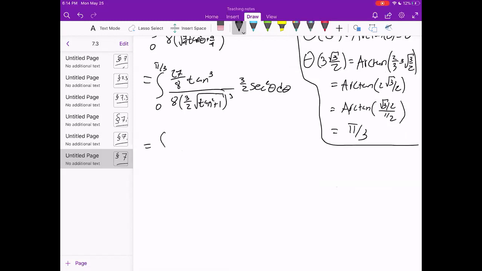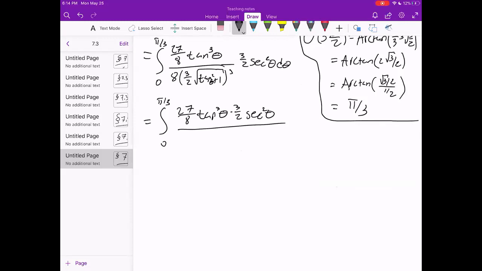So I have the integral from 0 to pi over 3, 27 over 8. We'll do something with that in a second. Tan cubed, sorry, this should be tan cubed theta, tan squared theta, dropping the thetas, times 3/2 secant squared theta. Let's just pull that all into the numerator right there now that I have room.